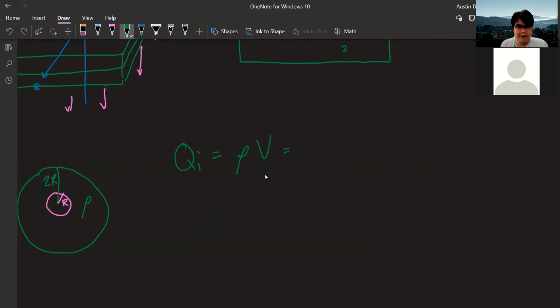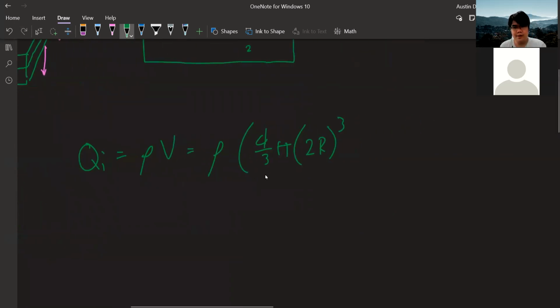And then this is just rho times 4/3. The total volume with the charges are 4/3 pi (2r) cube, and then minus yung inner sphere, so that's 4/3 pi r cube.